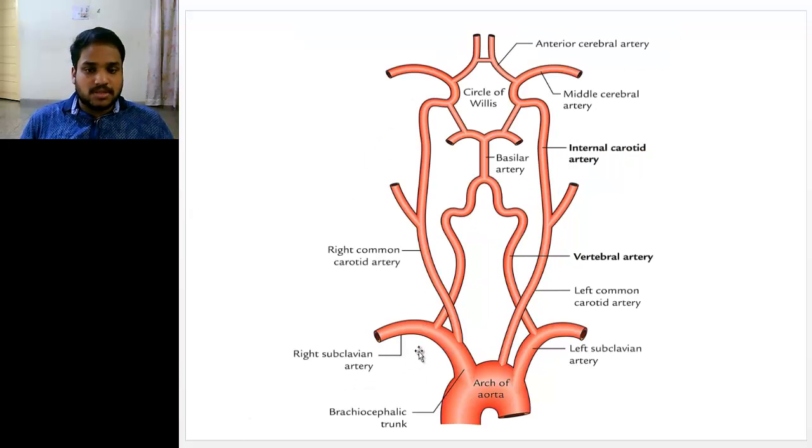You can see in this diagram, this is the arch of aorta, the brachiocephalic trunk breaking into the right subclavian artery as well as the right common carotid artery. The right common carotid artery will now divide into the external carotid artery as well as the internal carotid artery. So the internal carotid artery of both sides constitutes the anterior circulation of our brain. So let us see how this happens.